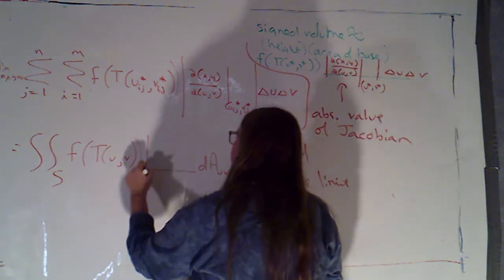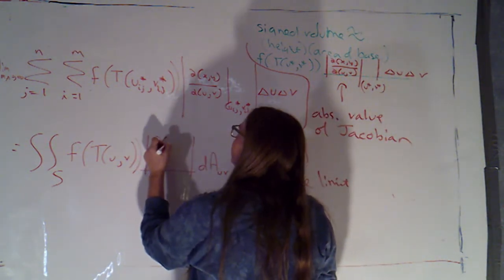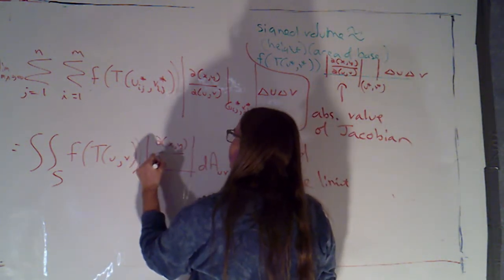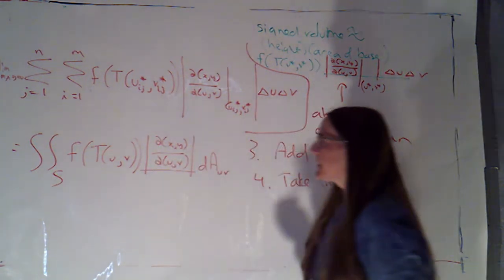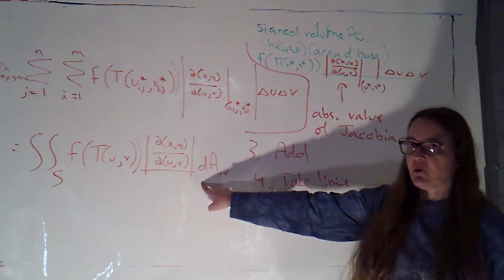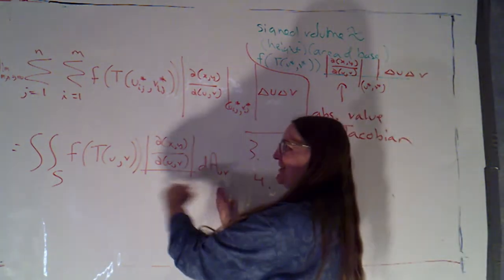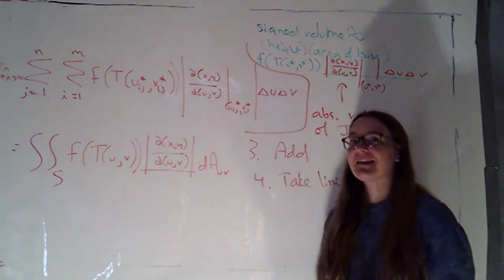And that scaling factor is the absolute value of the Jacobian. So we made an educated guess way back when that we were going to get something like this, and it turns out that is what we get.